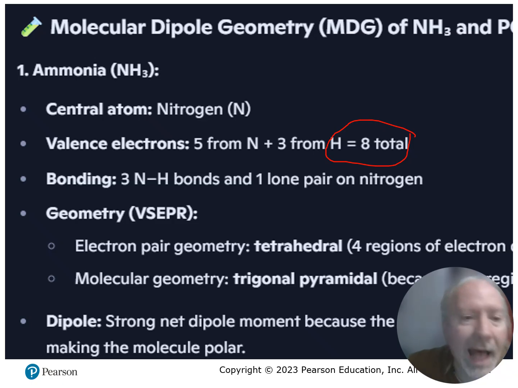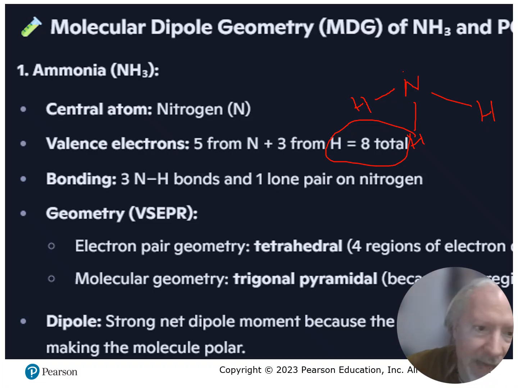But if we go through that, just like with PCl3, although we don't have as many electrons as we had in PCl3, we had a lot more electrons to place, right? So if we were to draw this out, and hopefully this looks good on your screen, we have 2, 4, 6 electrons here.